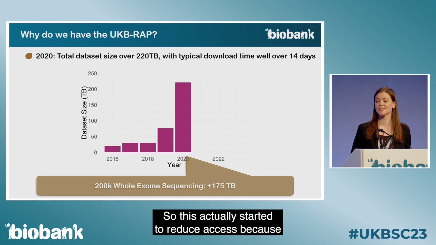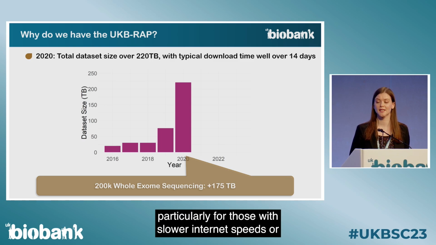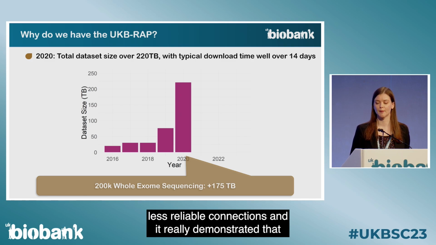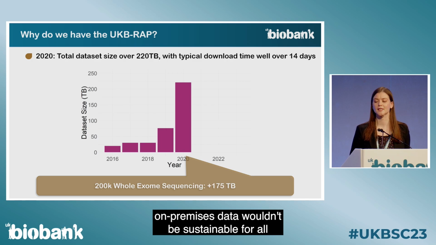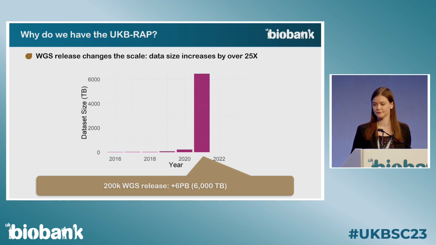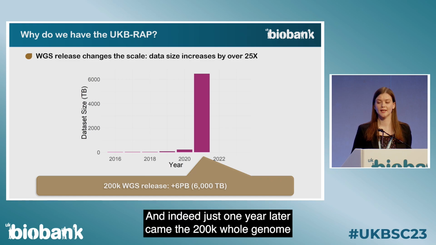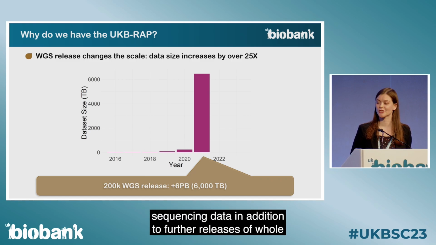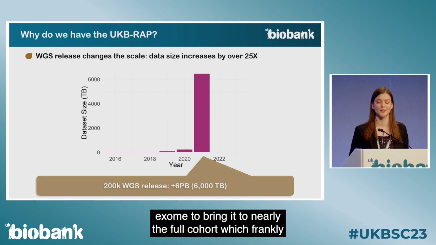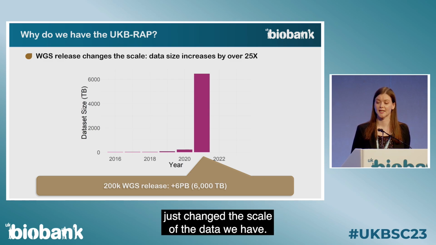So this actually started to reduce access, particularly for those with slower internet speeds or less reliable connections, and it really demonstrated that on-premises data wouldn't be sustainable for all our future releases. And indeed, just 1 year later came the 200K whole genome sequencing data, in addition to further releases of whole exome to bring it to nearly the full cohort, which frankly just changed the scale of the data we have.